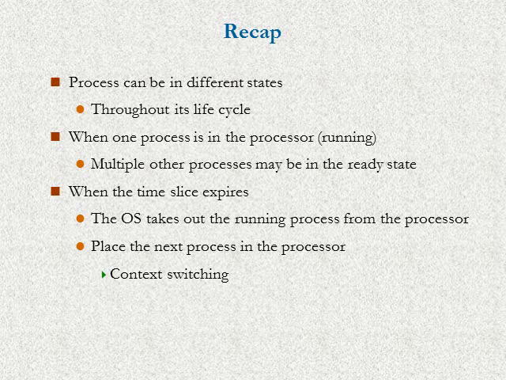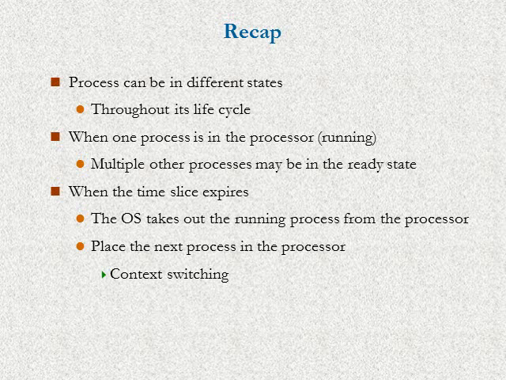For now, we are only concerned about what happens when one process running in the processor gets out from the processor and some other process gets in. So this shifting of process, or switching the process from the running state to the ready state and from the ready state to the running state, has some particular dimensions or characteristics associated with it.